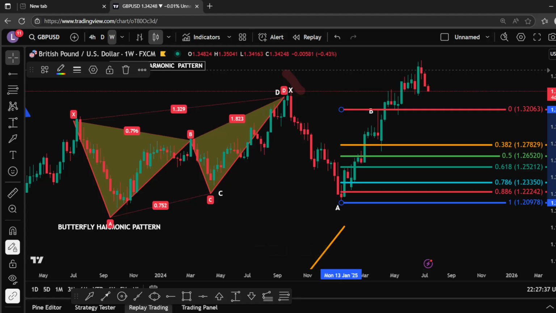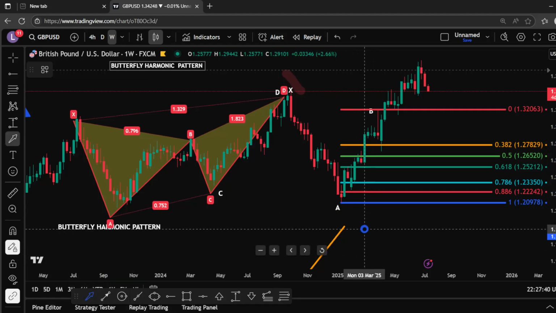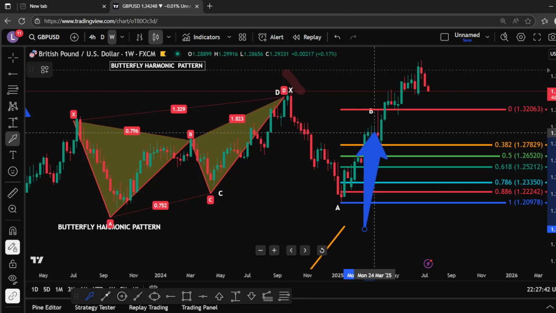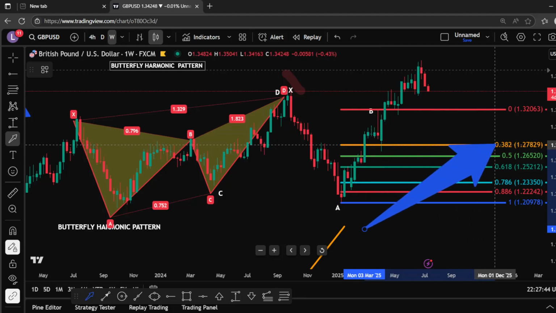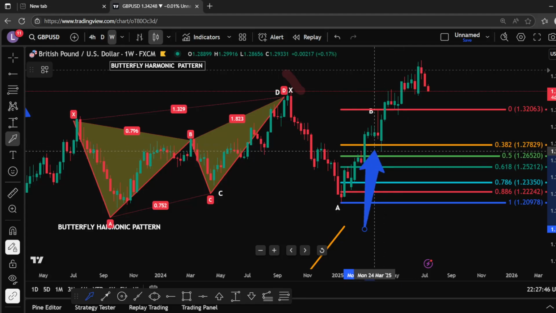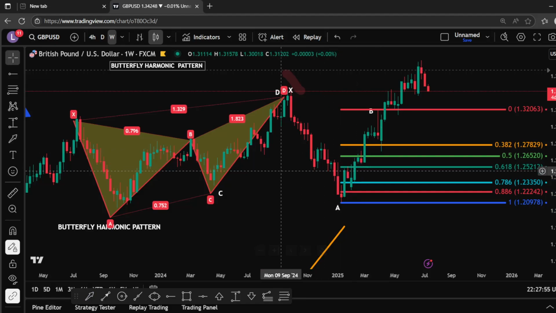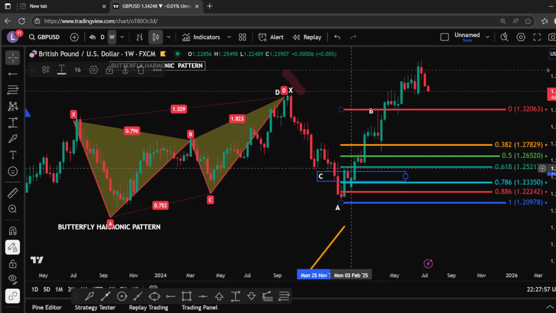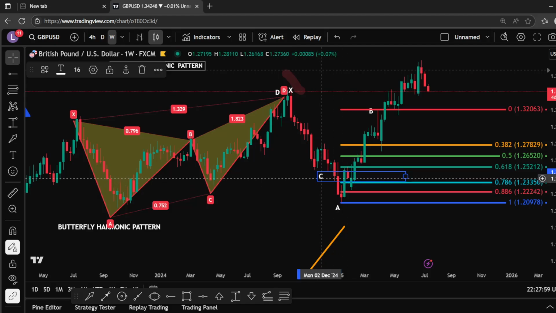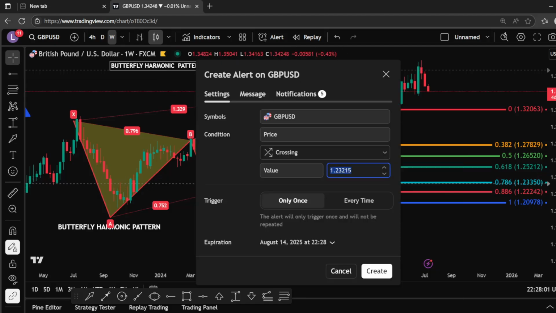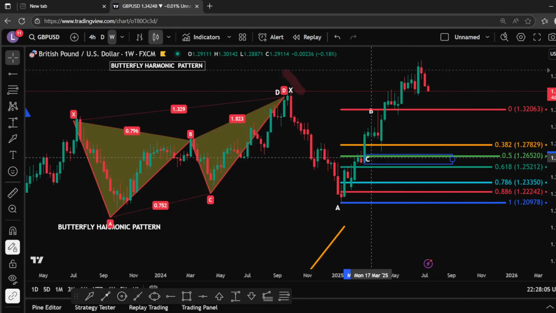As you can see, the C leg here, we had a pullback that touched the 0.382, which is a valid C leg, and we did not break below A. So this C leg is valid. Okay, so put a C right there. So that is our C leg.